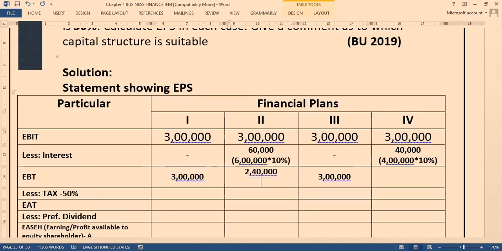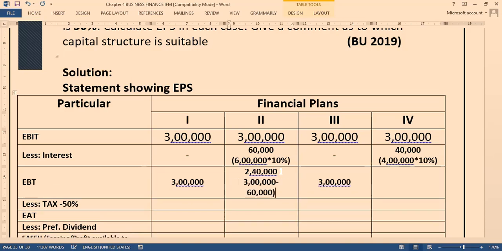For financial plan 3, there is no interest; we are not paying any interest. For financial plan 4, 3 lakh minus 40,000 gives around 2 lakh 60,000.